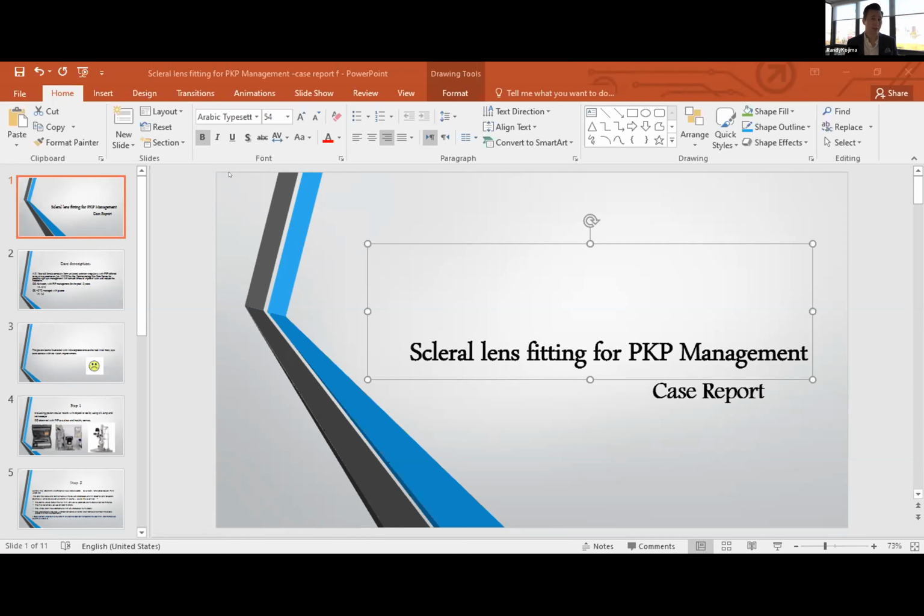If we are limiting the oxygen supply to an eye that really needs it, where the cornea is almost expired already, that would be the biggest concern in scleral lens fitting, and just making sure that if we fit that transplant, they're getting enough oxygen.